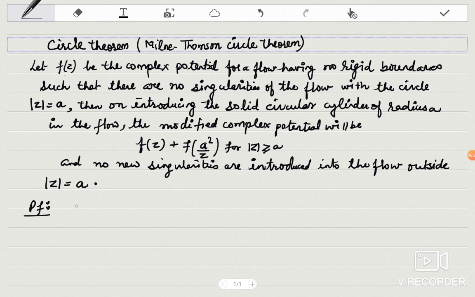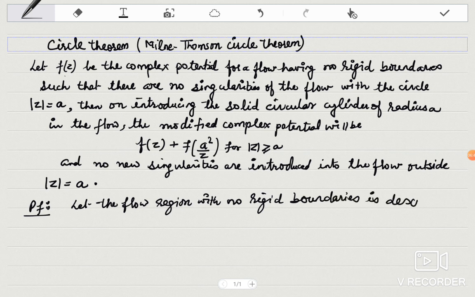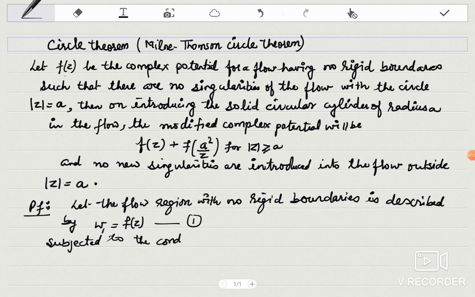Suppose there is a flow region. Let the flow region with no rigid boundaries be described by W1 is equal to F(z), subject to the condition that there are no singularities of the flow within the circle.